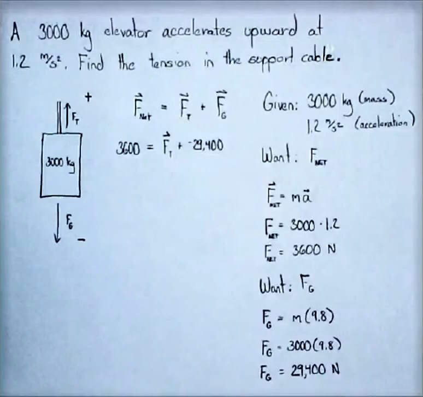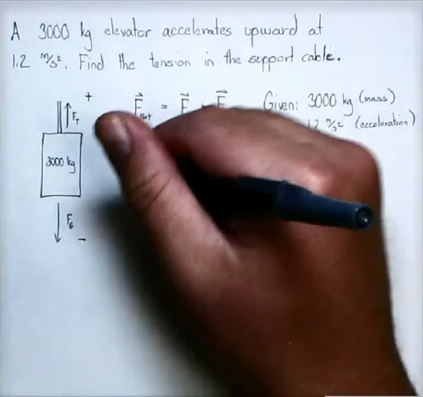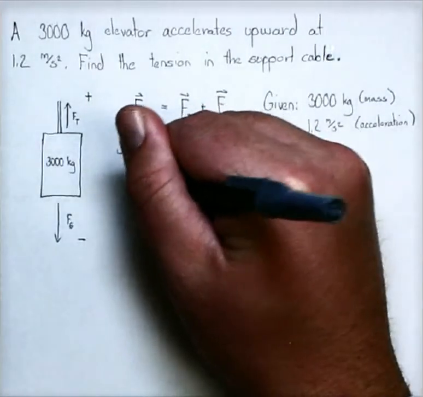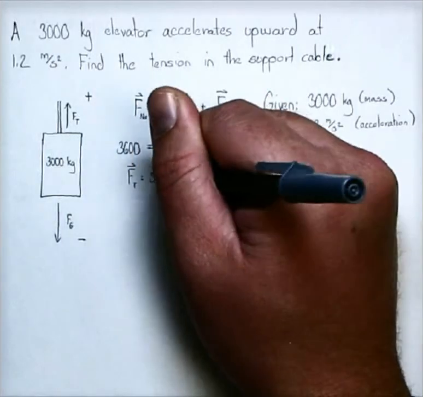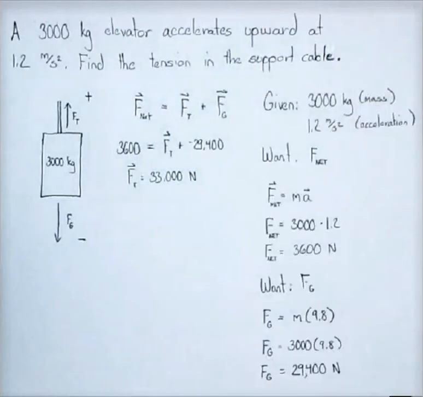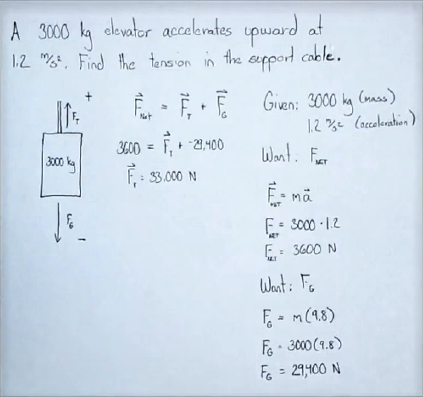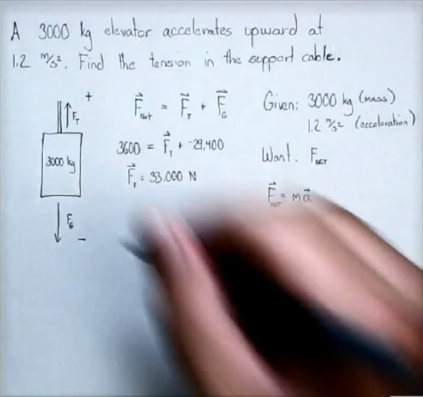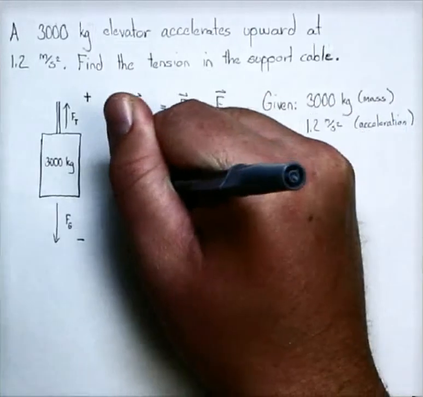And now all I have to do is solve this equation for the tension force, and I end up with a tension force of 33,000 newtons. So notice what's happening here if I break this down afterwards, because you always want to think about, once you find your answer, is this answer plausible? Does it make sense?